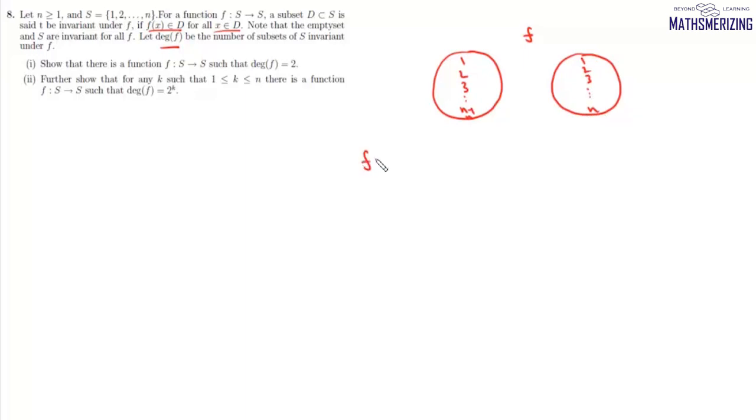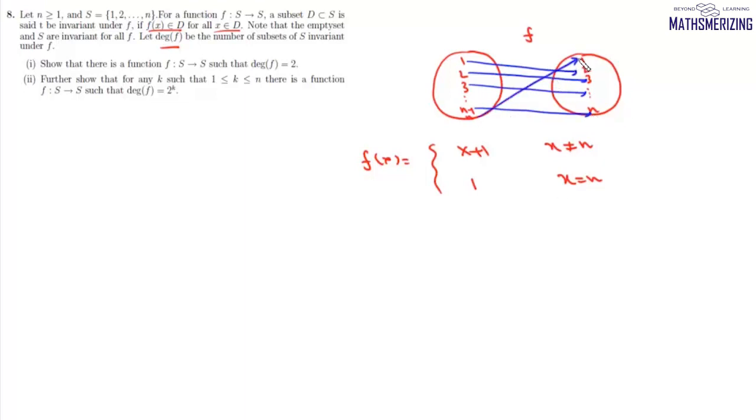Now suppose we define this function f(x) as x plus 1 if x is unequal to n, and this is 1 when x is equal to n. So when x is 1, it is mapped to 2, 2 is mapped to 3, 3 is mapped to 4, and n minus 1 is mapped to n, and then when x is n, it is mapped to 1.